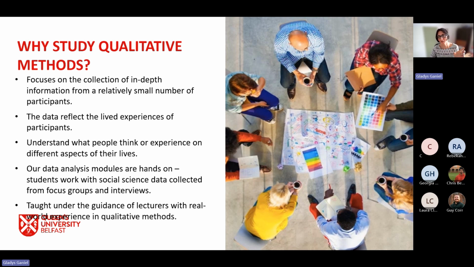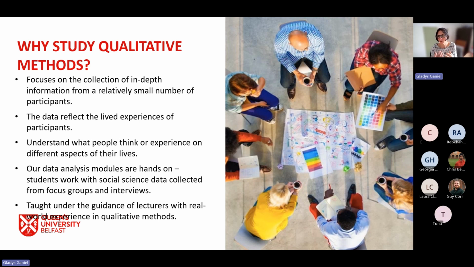So here we go. Now here's the why study qualitative methods. This is a slide without a typo on it, right? So qualitative is different from quantitative. Quantitative is your numbers and your survey research. Qualitative is really focused on the fine detail of how the world works, if we want to put it that way.